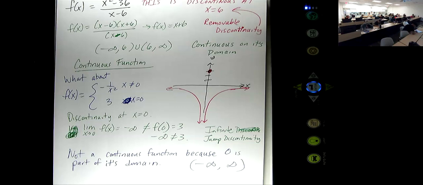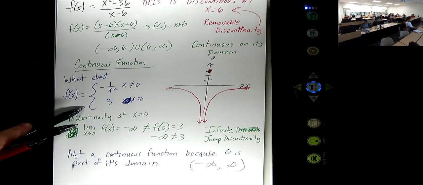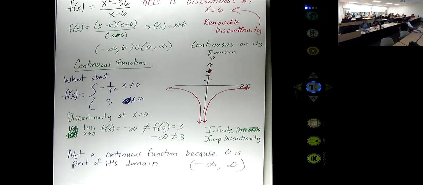It's irritating, right? It's because it's this piecewise type of function. It can happen when there are piecewise functions.